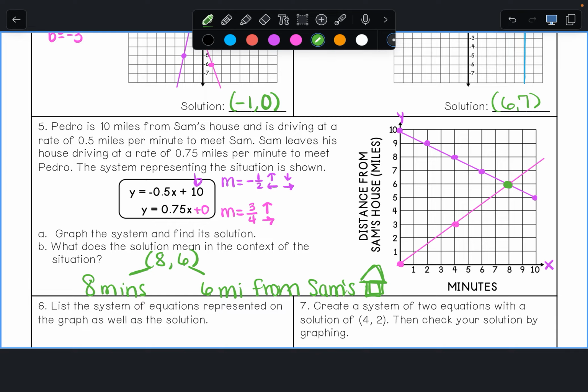So the rise is 10, the run is 2. Negative 2. And 10 over negative 2 is negative 5. So the first equation will be y equals negative 5x plus 90.